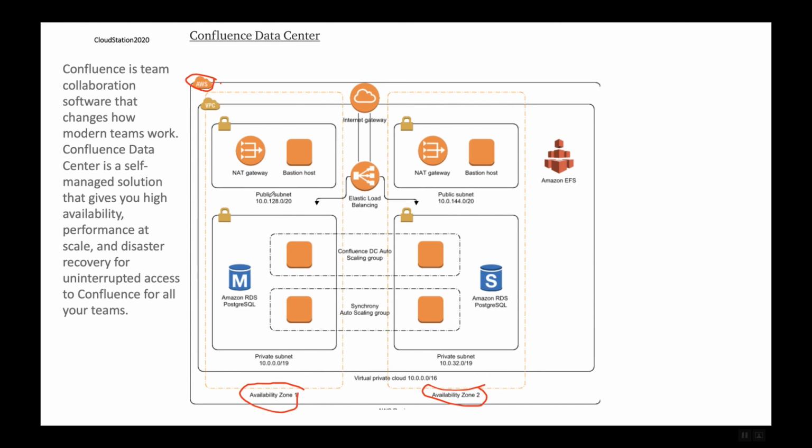Now, in this VPC, which is in availability zone 1, you have your NAT gateway and a bastion host. So what is a bastion host? This is important, so you need to know. This host gives access to the private IPs inside a VPC from an external network. Private IPs are internal to your infra and meant for internal communications, cutting off external access.